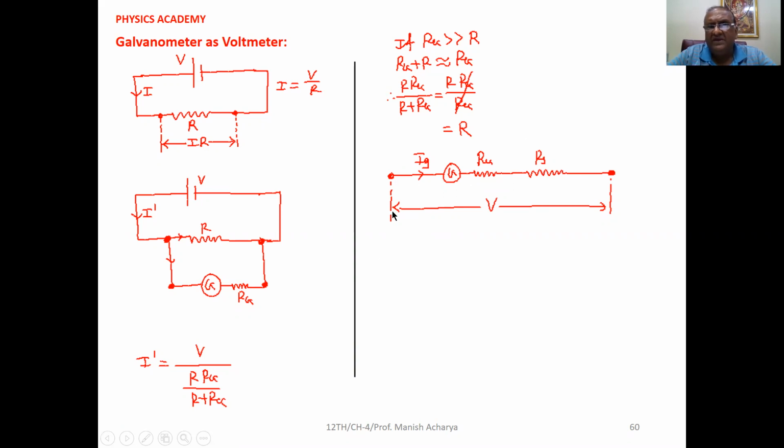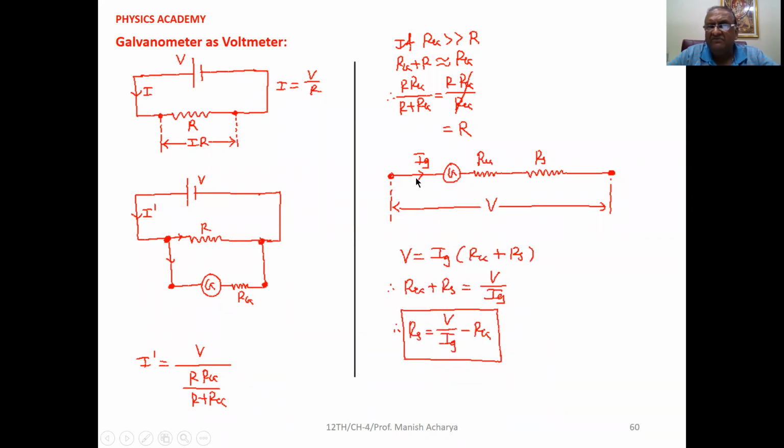So here the potential difference across the galvanometer will be equal to the potential difference across R, and that is equal to V. So we can say between these two terminals, if the potential difference is V volt, then we can write V equal to current into total resistance.